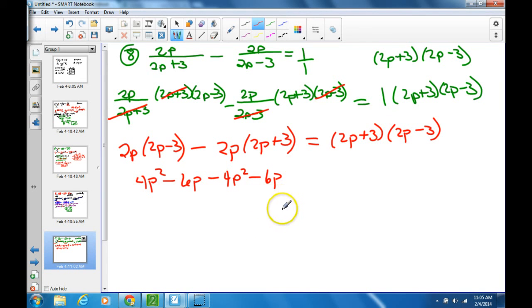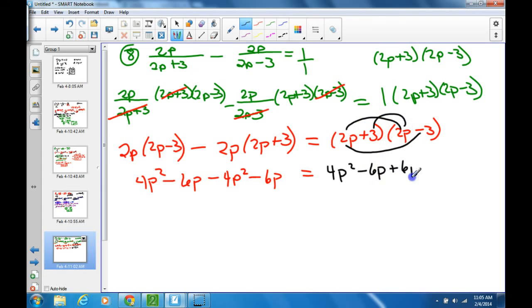Negative 2 times 3. Okay, yeah, so if we multiply all this out, let's FOIL it out. We have 2p times 2p, which is 4p squared. Okay, 2p times negative 3 is negative 6p. And then positive 3 times 2p is plus 6p.